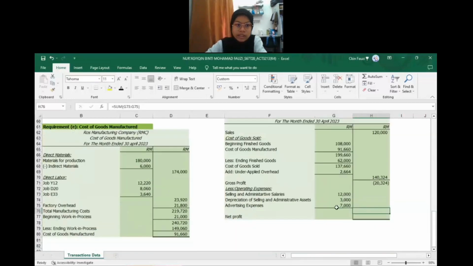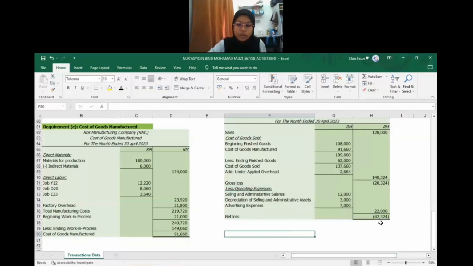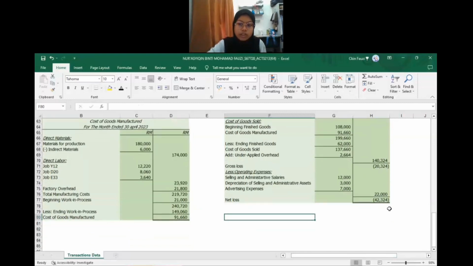So calculating all these expenses, we get 22,000. And to find net loss, here is 42,324. This we categorize as net loss because we have a gross loss. Sorry. My final answer, 42,324 negative. Thank you.